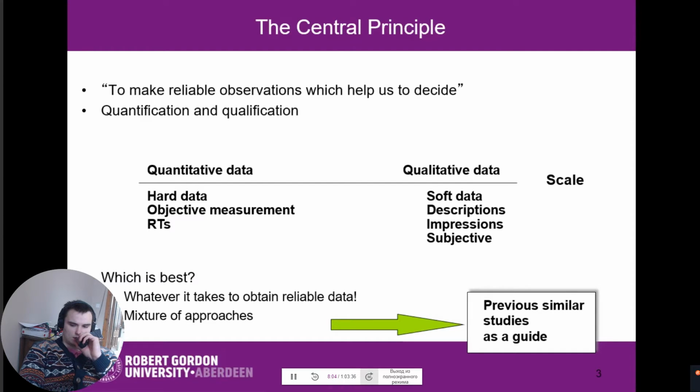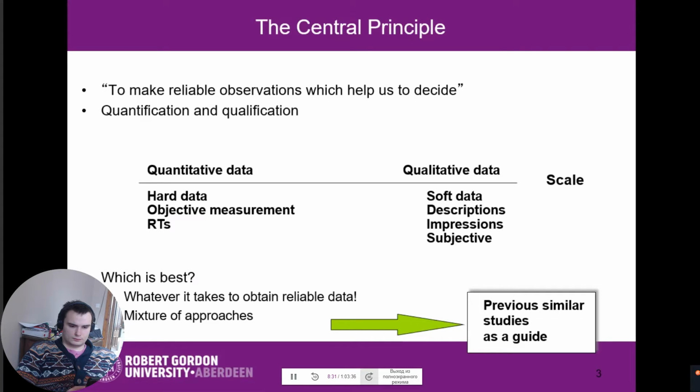Now, sometimes you may realize the way people talk is that, oh, we've got hard data, therefore it's better than soft data. Not true, okay? So you should avoid terms like that, because what really happens in real life is that you use both types of measures in the same study, and often the same measure goes from one to the other.